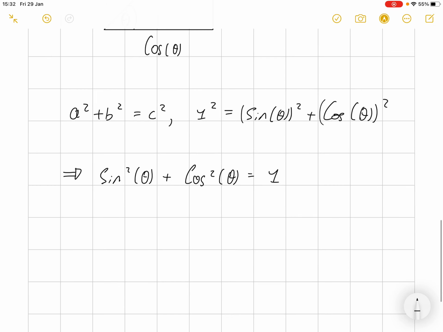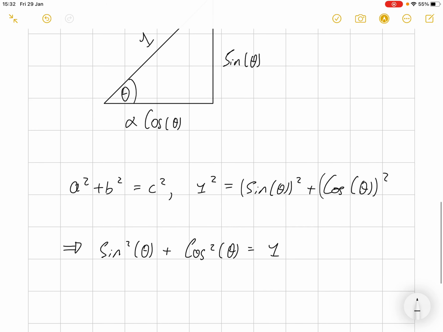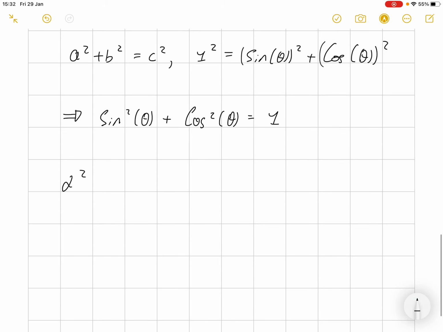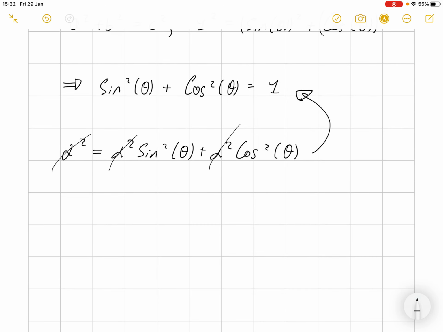And again, this works for any scale factor, because alpha squared is equal to alpha squared sine squared theta plus alpha squared cos squared theta. Then we just divide by the alpha squareds and arrive back to this equation.